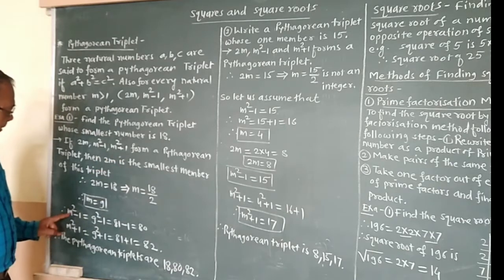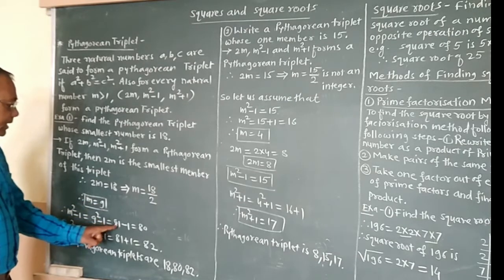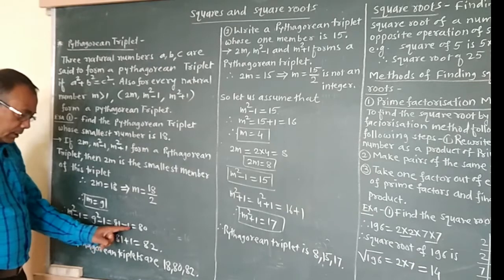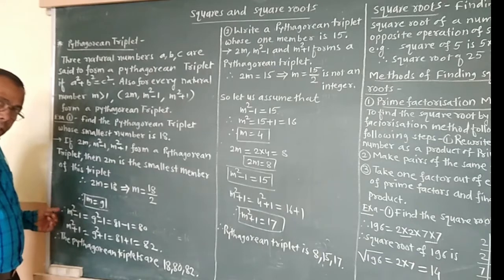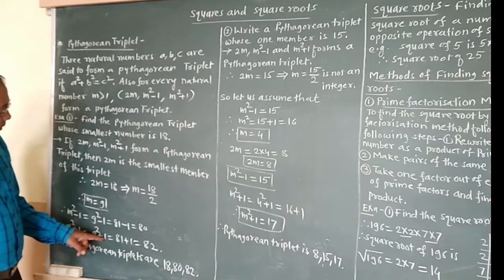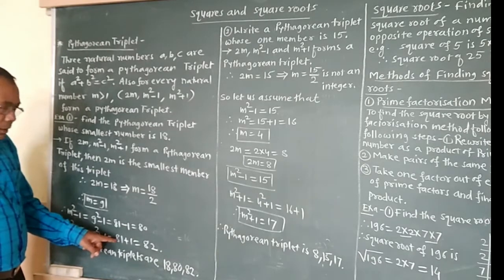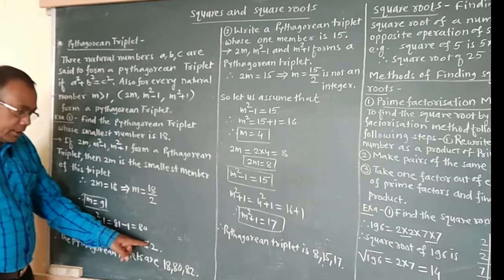Therefore m square minus 1 is equal to 9 square minus 1. 9 square is 81, minus 1 is equal to 80. Similarly, m square plus 1 is equal to 9 square plus 1, which is 81 plus 1, equal to 82.